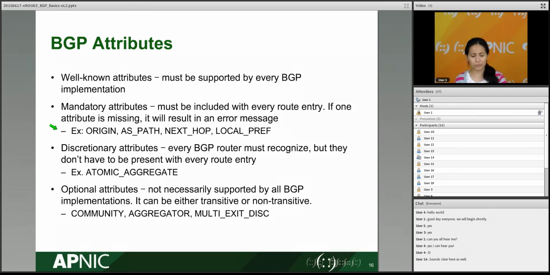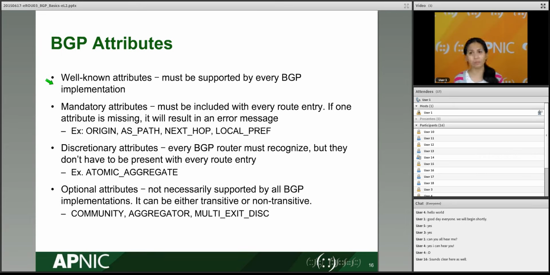There are two types, well-known and optional. Well-known attributes are supported by every BGP implementation. Some well-known attributes are mandatory, meaning that they must be included in every route entry. If you do, let's say, show IP route and commands like that, you will see your routing table, the prefix, and the associated attributes. Some of those attributes are mandatory and should be in every announcement that you receive, say origin, AS path, next hop, local pref.